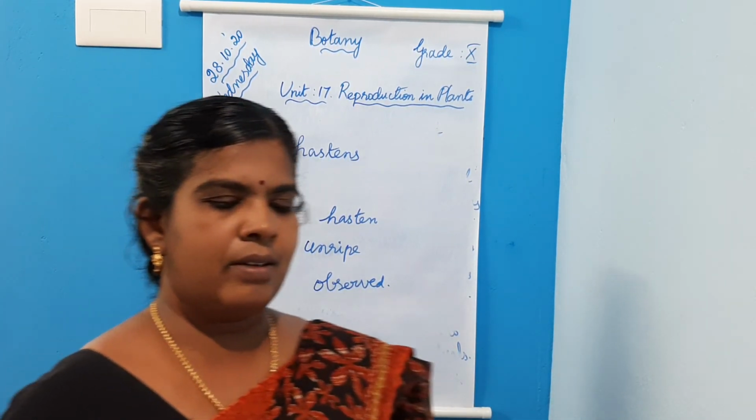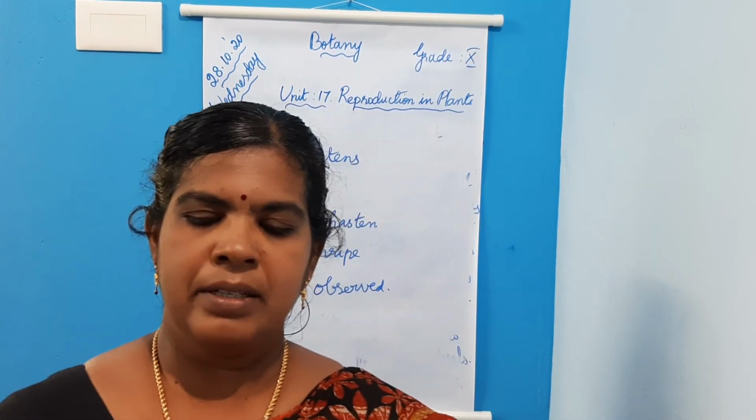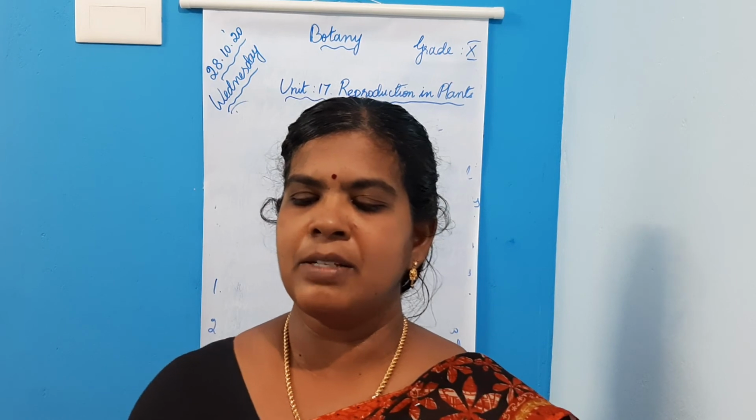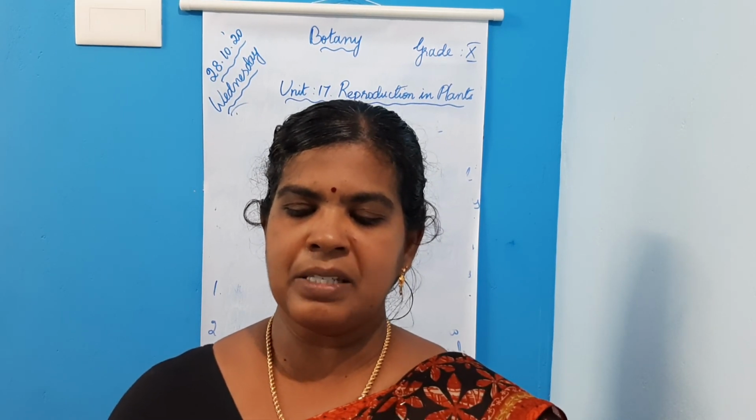Then question number 3. A plant hormone was first discovered in Japan when rice plants suffered from Bakane disease caused by Gibberella fujikuroi. Based on the information, answer the following questions. First, identify the hormone involved in this process. Gibberellin.